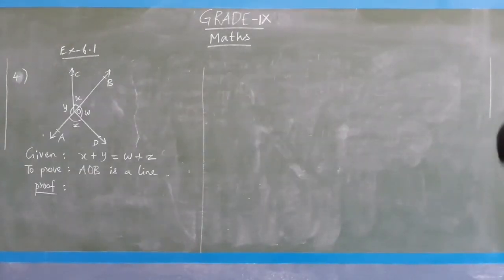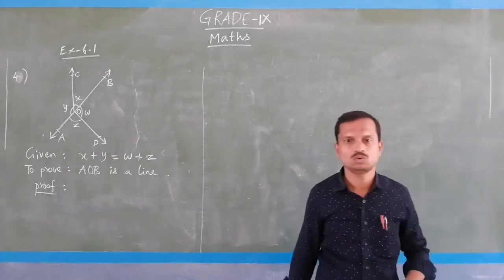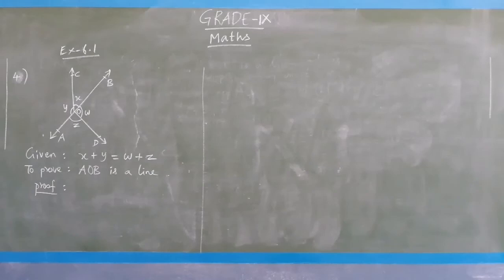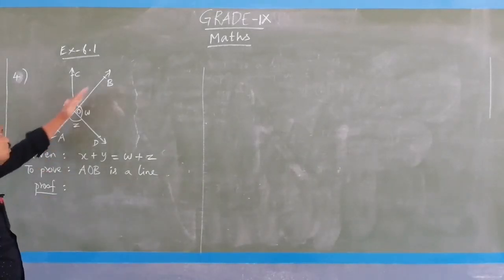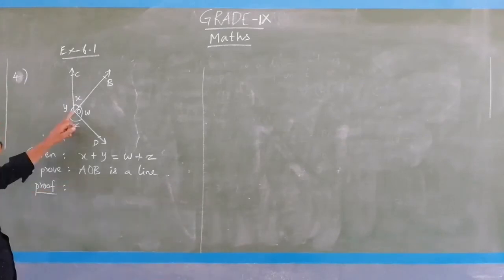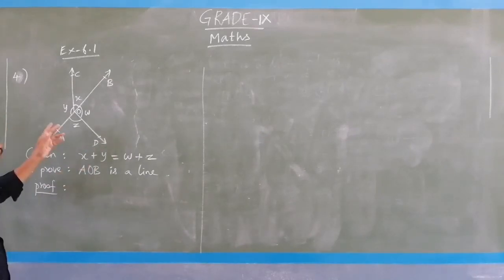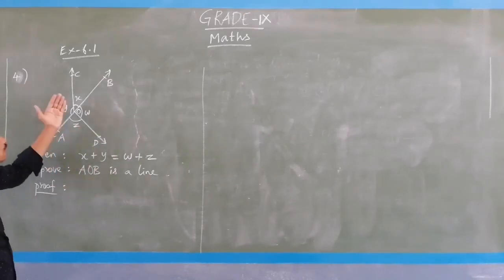So, now coming to question number 4. You see, this is the figure given. So, from the figure we have to observe what is given there. AB is a line, OC one ray and OD another ray stand on the line AB on either side.